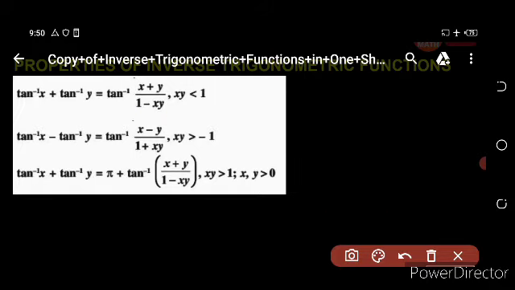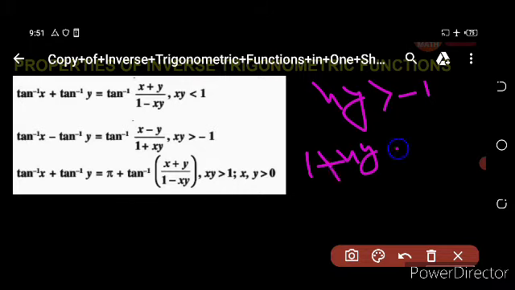Similarly, tan inverse x minus tan inverse y is equal to tan inverse of x minus y upon 1 plus xy, and the condition is xy greater than minus 1. Similarly, equating the denominator with 0, that is 1 plus xy is equal to 0, so xy is equal to minus 1.